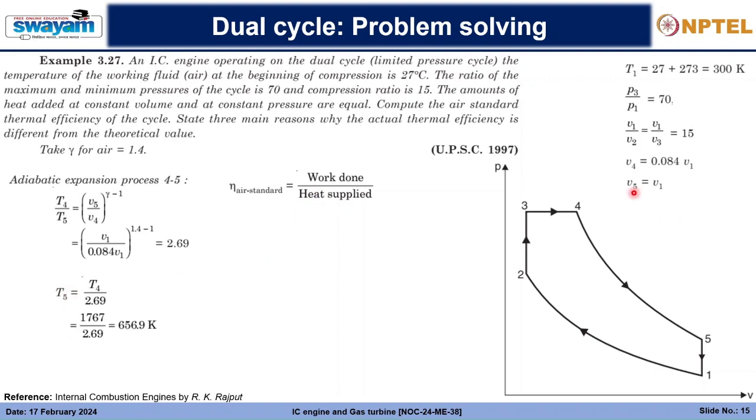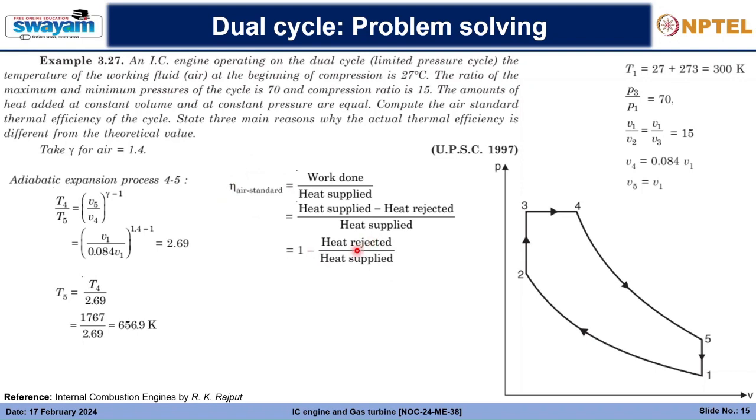Then if we know the values of all the temperatures, we can now calculate the heat added, heat rejected, and the net work done. So net heat supplied minus heat rejected, divided by heat supplied. We can find these relations based on the temperature values here, and this is the air standard efficiency.